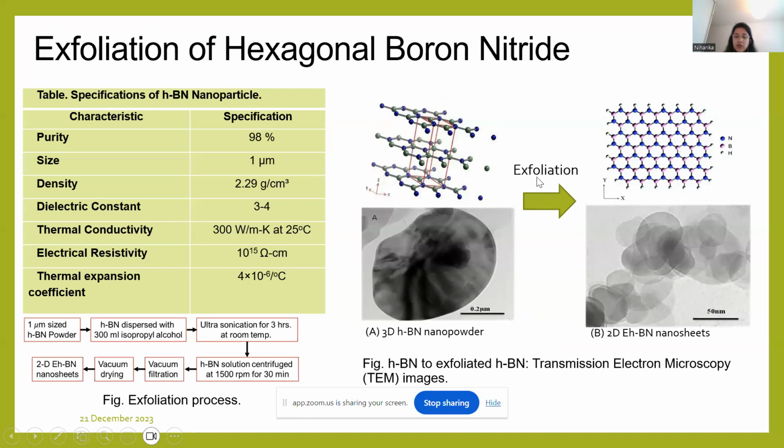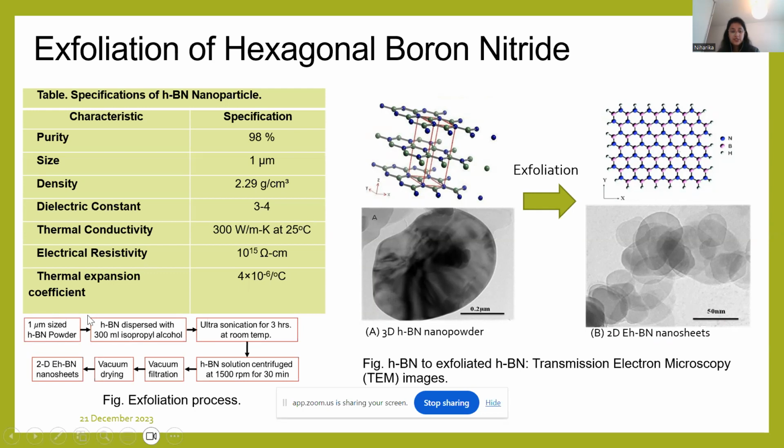So we need to go for the exfoliation process to convert the 3D particle into 2D nanosheets. We can see here how the 3D particle is converted to 2D nanosheets, and this is confirmed by the transmission electron microscope images. A 1 micrometer particle is converted to around 100 nanometer or 50 nanometer particles.